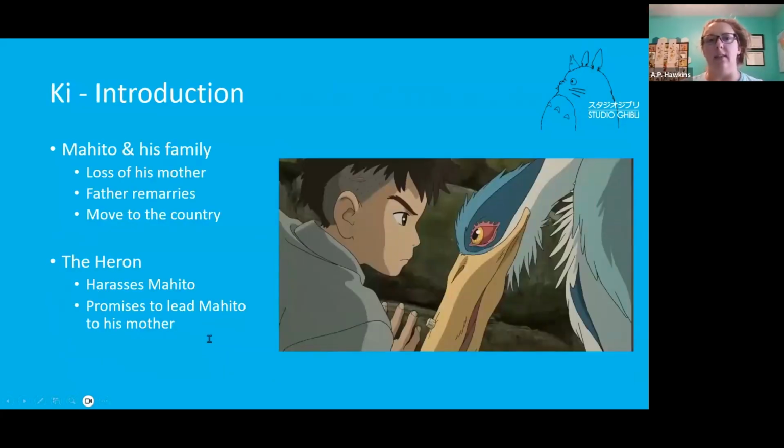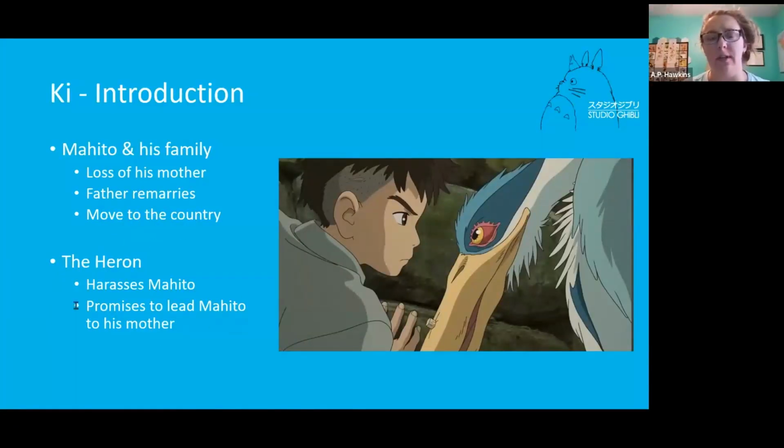So in the ki, the introduction, we are introduced to the main character, Mahito, and his family. We're given some backstory on Mahito, that he loses his mother in a horribly traumatic incident. His father has recently remarried, and he is forced to leave his entire life behind and move to the country to be with his father's new wife and his new family.